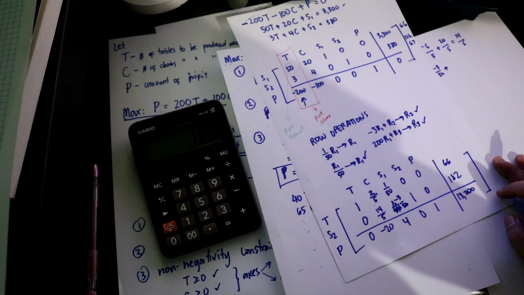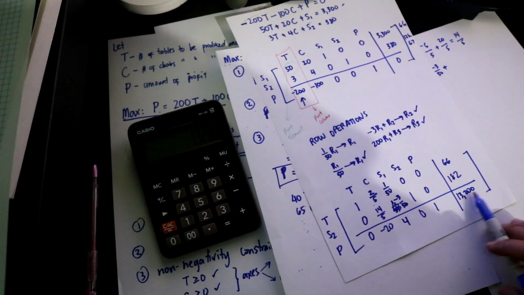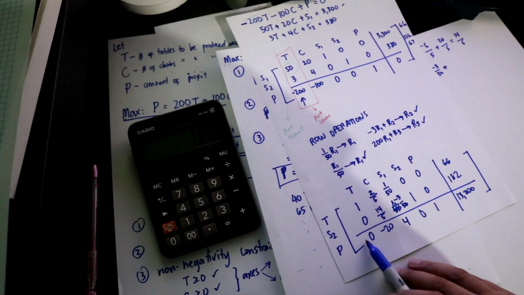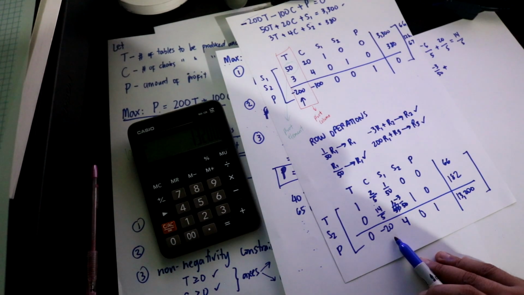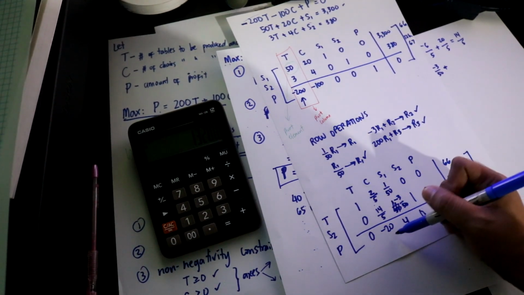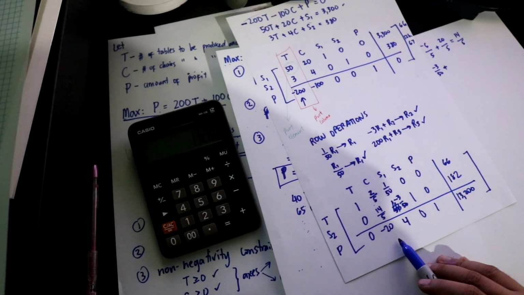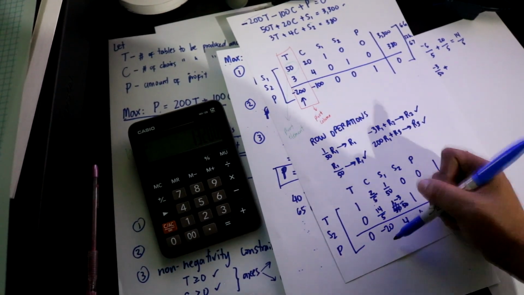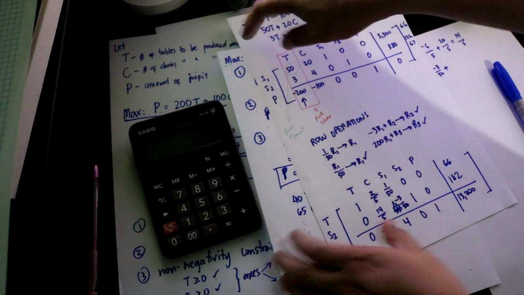Now we will know that we are done solving if there are no longer any negative numbers here in row 3. But as you can see, we still have a negative number here. Since there is no other negative number, this automatically becomes our pivot column.